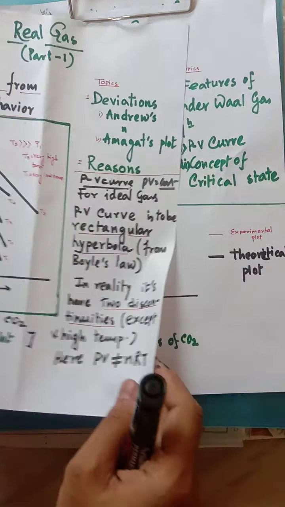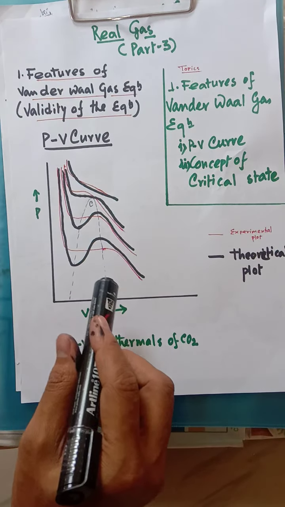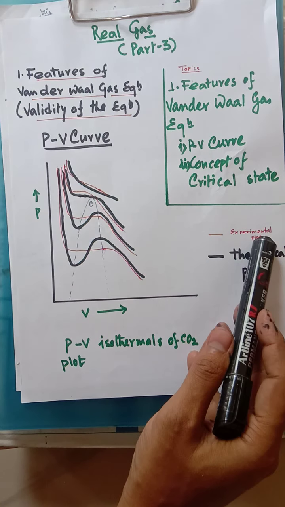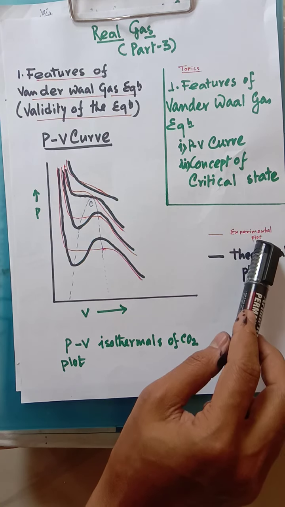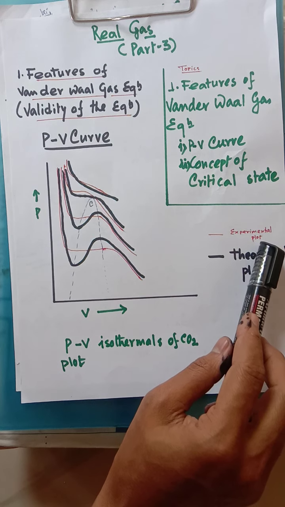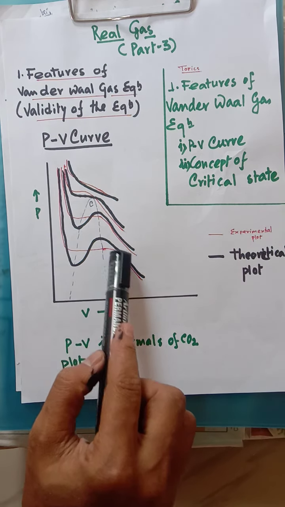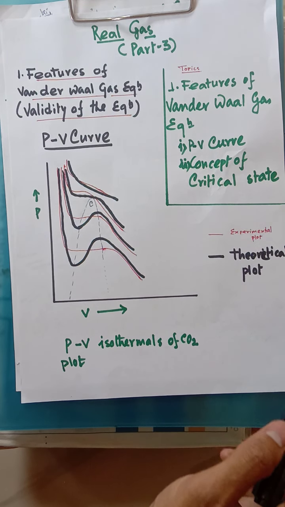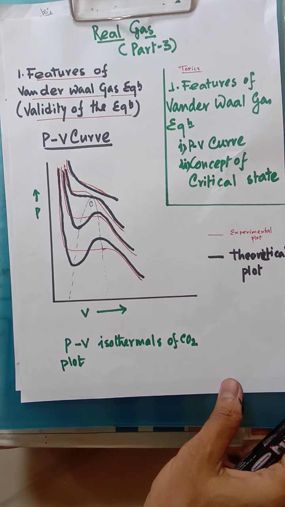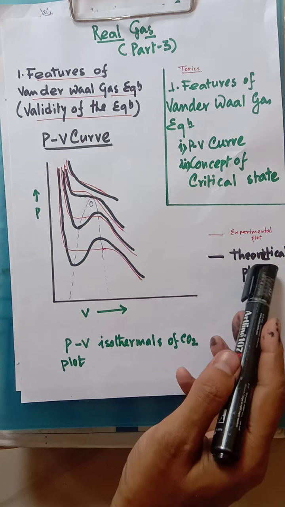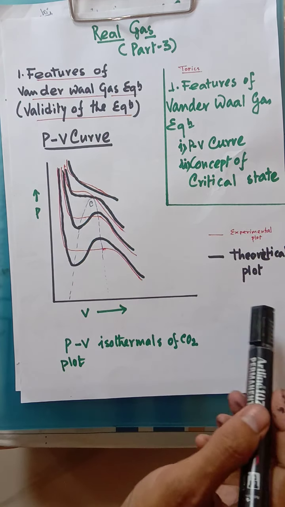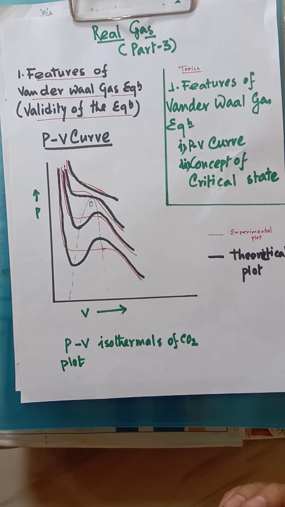The same thing I have shown here. The red line is the experimental plot, which denotes the Andrews plot, whereas the black line is showing the theoretical plot.